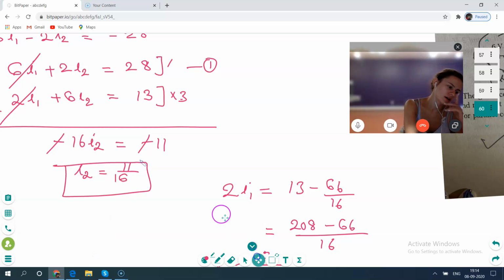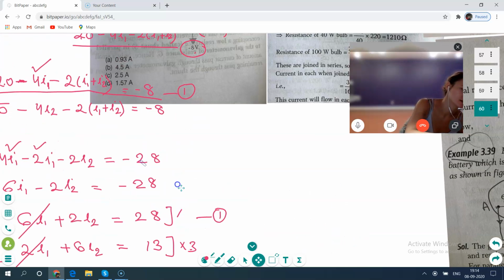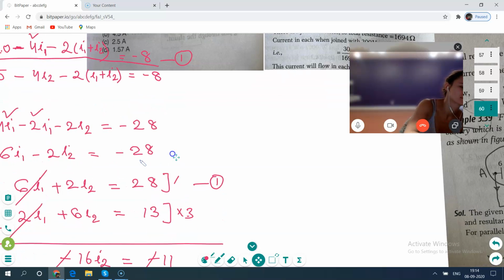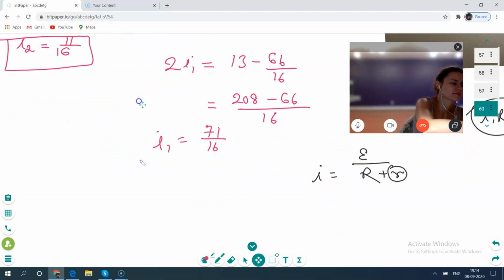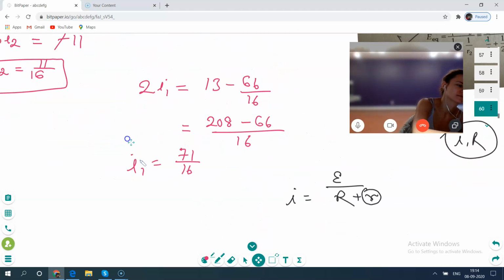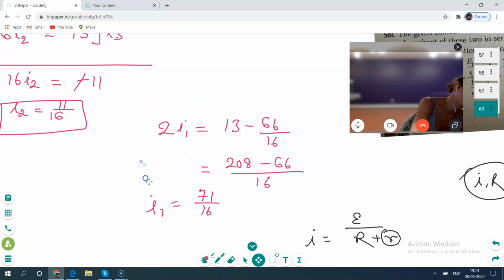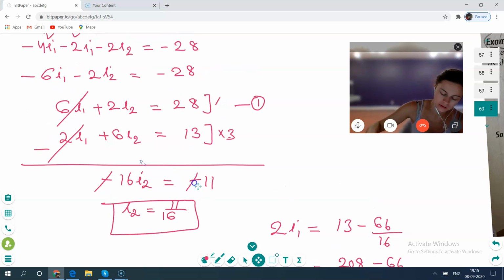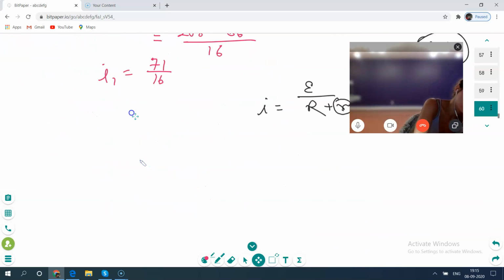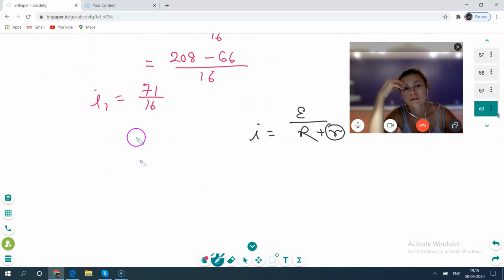Which option is it? I think 4.5 is your correct answer. B, 4.5, yes. But we didn't get this answer, we got this one.